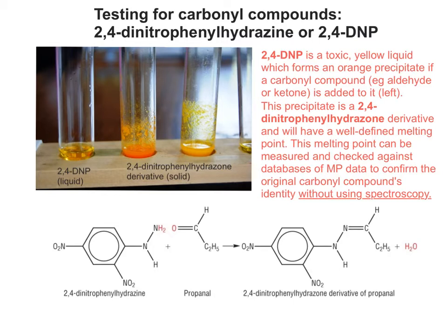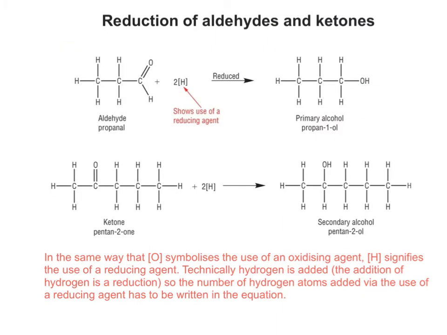The key point here is that you don't need to use spectroscopy to confirm it positively. So this is another way of deciding exactly what carbonyl you have. It's slightly more versatile than Tollens reagent because you can use it for aldehydes and ketones as opposed to just aldehydes, which is what Tollens reagent tells us.